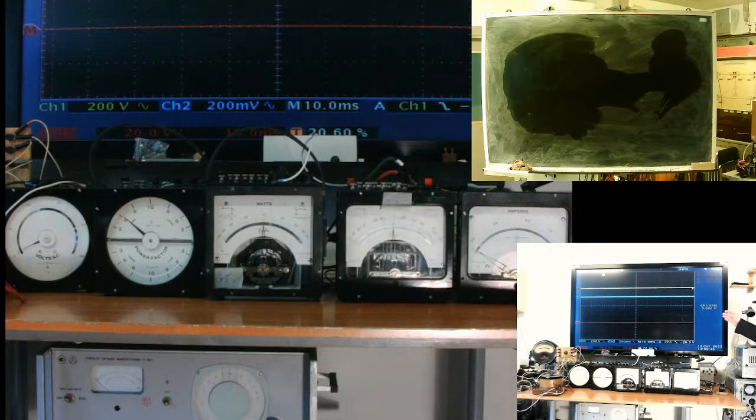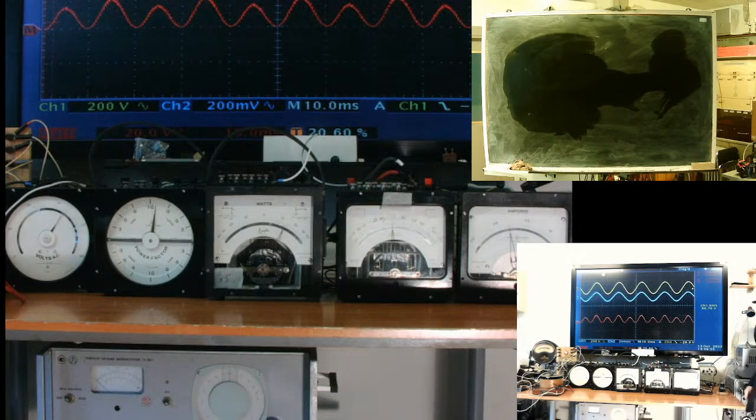Also, the yellow line will be voltage, the blue line will be current, and the red line, let me switch on. The red line here is the instant power. It's a product of the instant voltage values and instant current values.